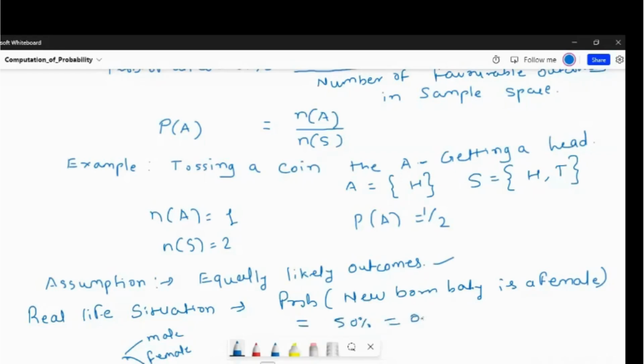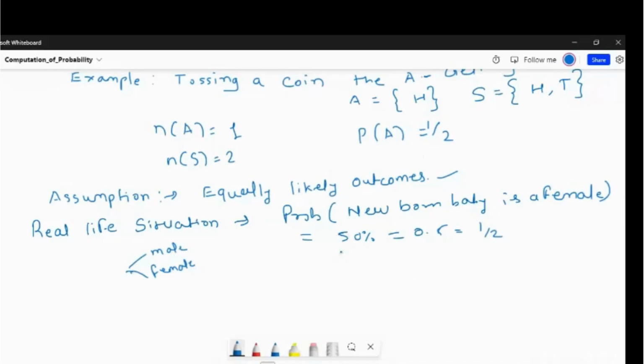Or 0.5. There are a lot of things on which this probability depends. Like, this probability changes from region to region, right? In India, suppose we have fewer females than males, but outside India, that can be different.